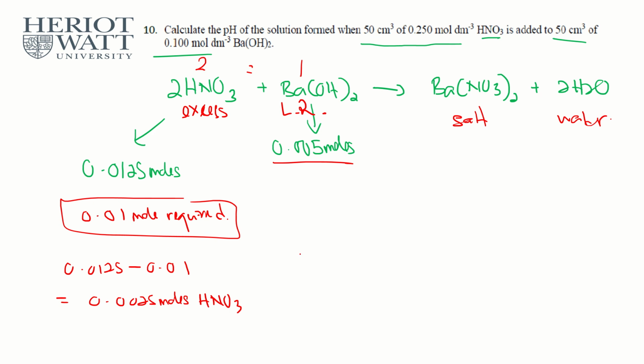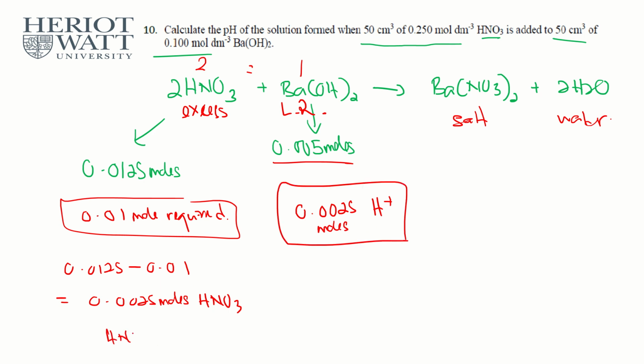Right? So after that, what to do? What is the number of moles of H plus? 0.0025 moles of H plus. Make sense? Same mole. HNO3 dissociates into H plus and nitrate, 1:1 ratio, guys. So it's the same. But this is not the end.